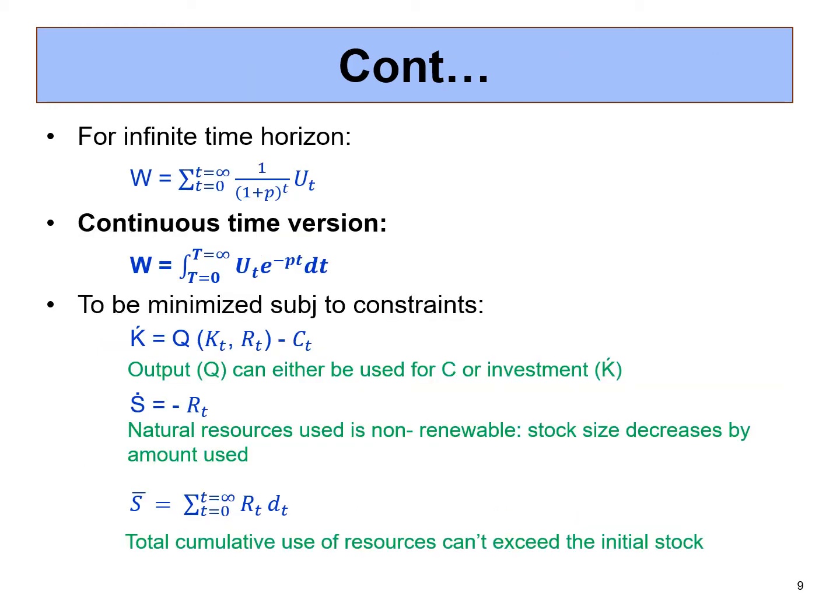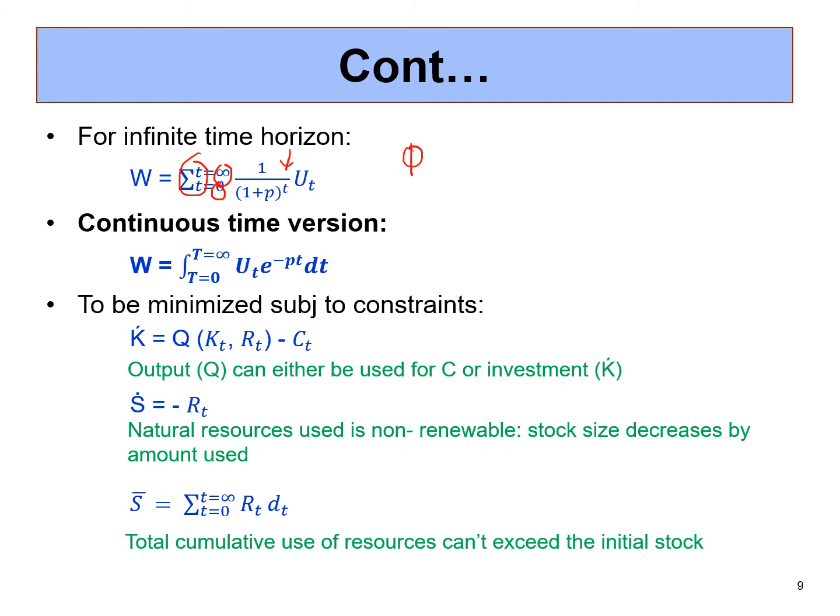We can also write our welfare function in terms of an infinite time horizon. So we have the summation from the current year until infinity, and then we also have the utility discount factor. Make sure that you are not confused between the utility discount factor and the utility discount rate.